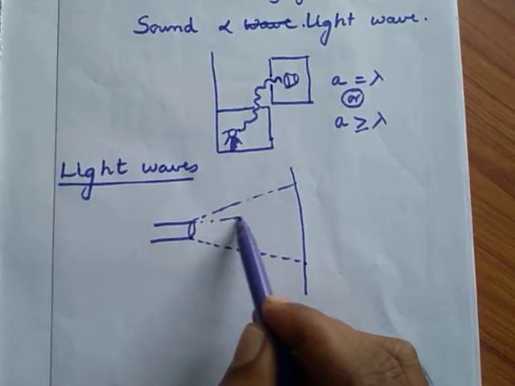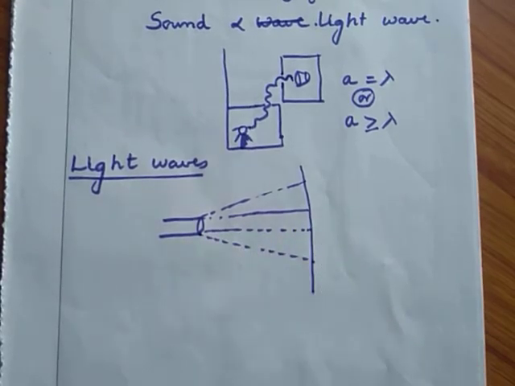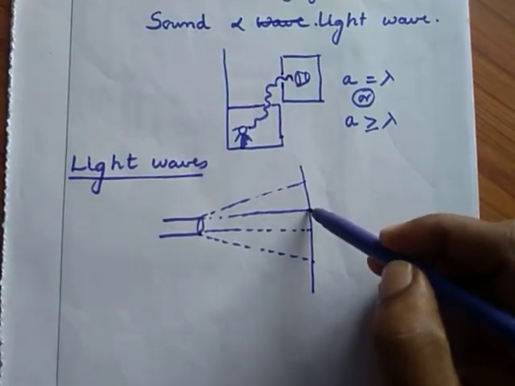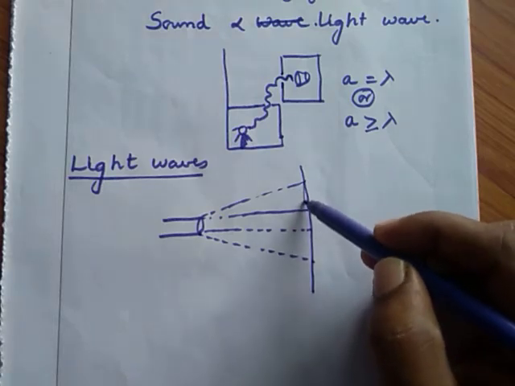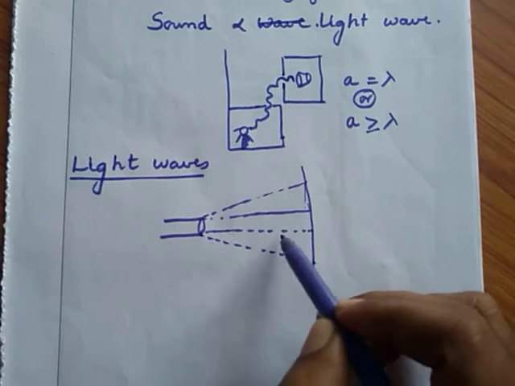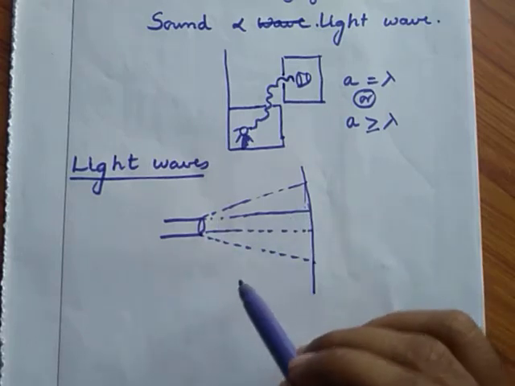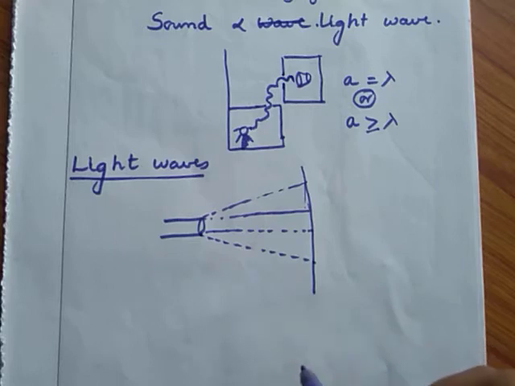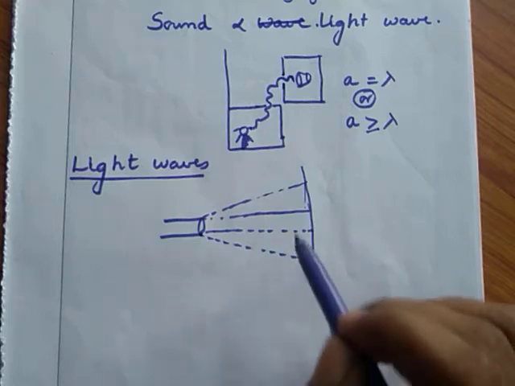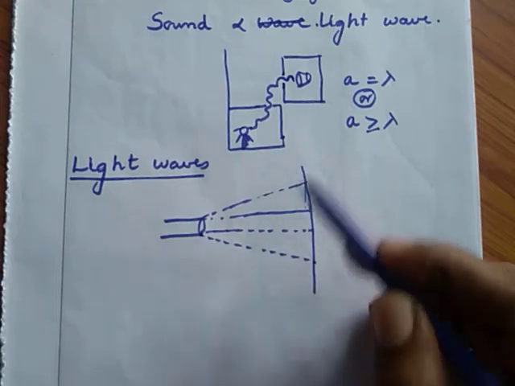The central spot has the maximum intensity, and as the distance increases, the intensity decreases. Here it is a violation of the rectilinear propagation of light. We studied in ray optics that light travels in a straight line, but here light is spreading in a geometrically shadowed region.